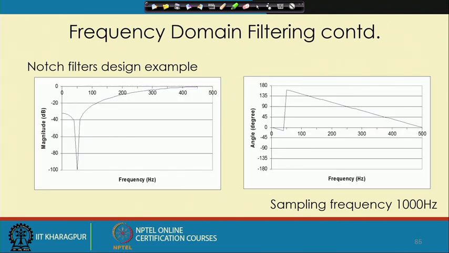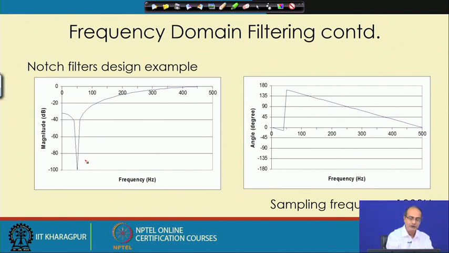So, next we show the frequency domain characteristics of the 50 hertz notch filter. Here we get a notch at 50 hertz which is very sharp, and at the corresponding point we have a discontinuity in the phase.